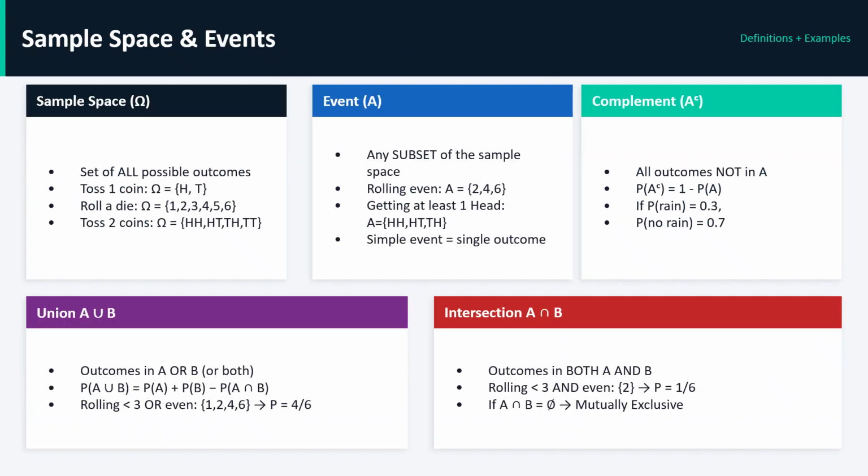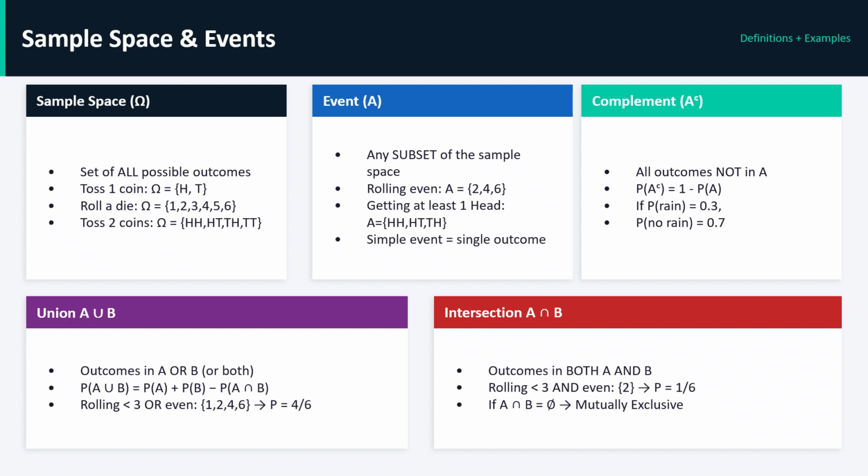Coming to sample space and events. Sample space, represented by omega, indicates the set of all possible outcomes in a random experiment. A random experiment is an experiment where the outcome is random and cannot be predicted beforehand.